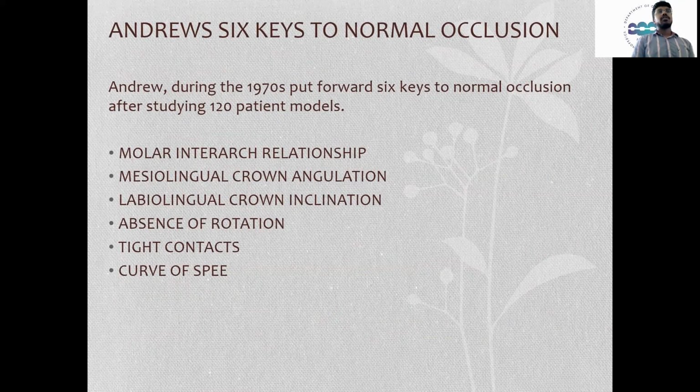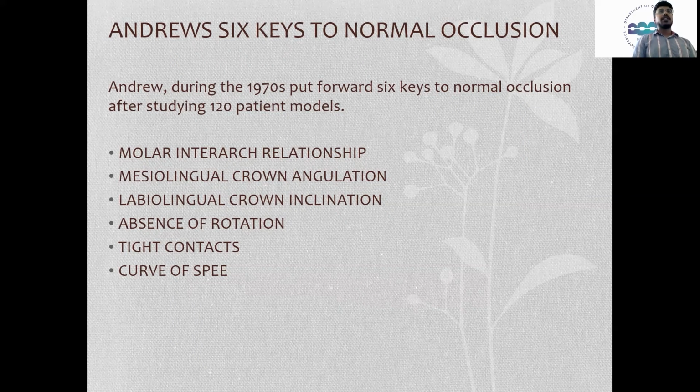So finally, we have to talk about Andrews' six keys to normal occlusion. During the 1970s, Andrews did a study on 120 models of patients who had an ideal occlusion. That is, patients who had not undergone any type of orthodontic movement. These patients had an ideal occlusion, that is, certain angulation and proper cusp-to-fossa relationship of all the teeth.